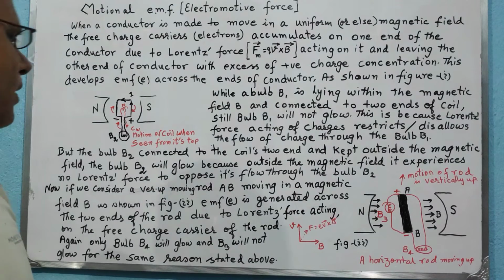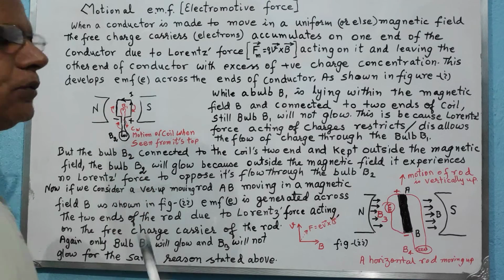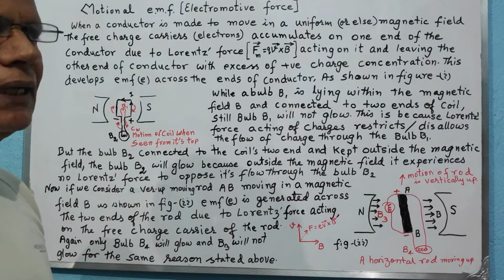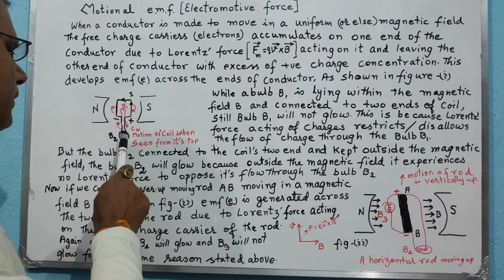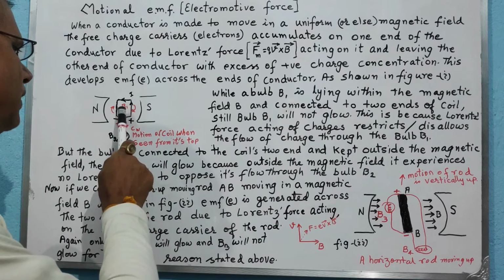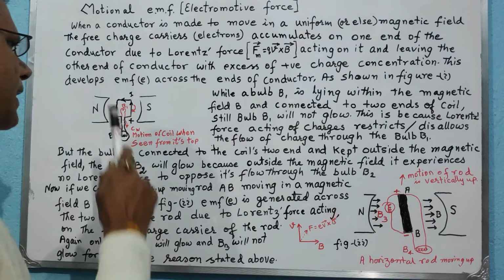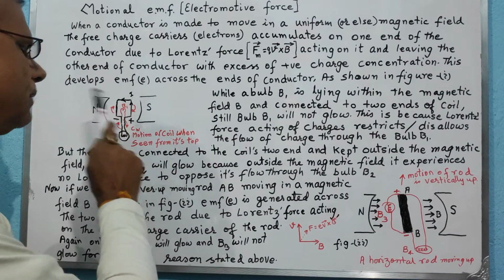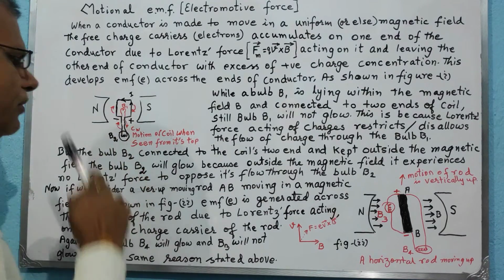Now one thing is very important to understand, that if we attach the load to the two ends of the coil and the load is placed within the magnetic field itself, then what happens, say for example it is a bulb, then that bulb will not glow.